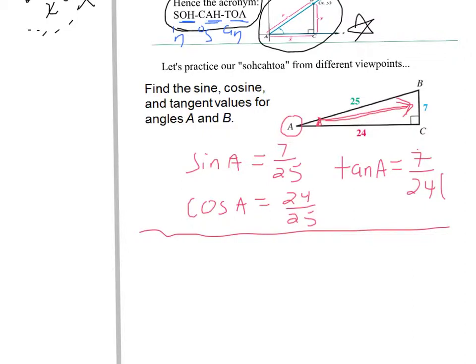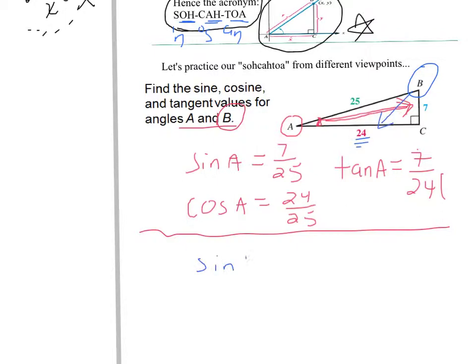It also said to find the sine, cosine, and tangent values for angle B as well. So let's practice that, situating ourselves at angle B. So I guess I'll pull another color. Here's angle B. So what is opposite of angle B? 24, right?